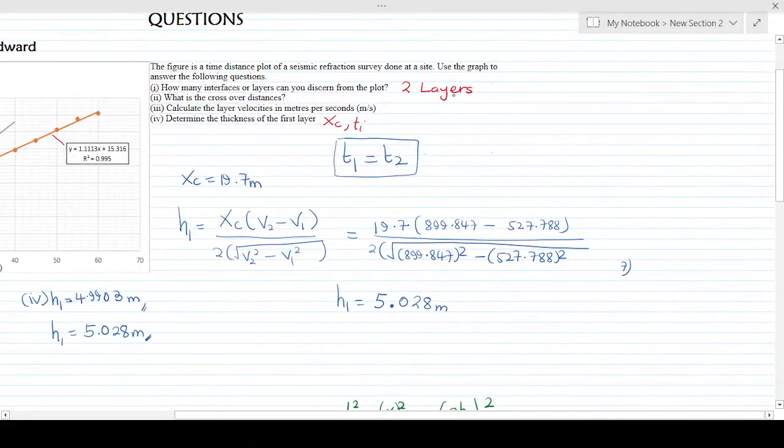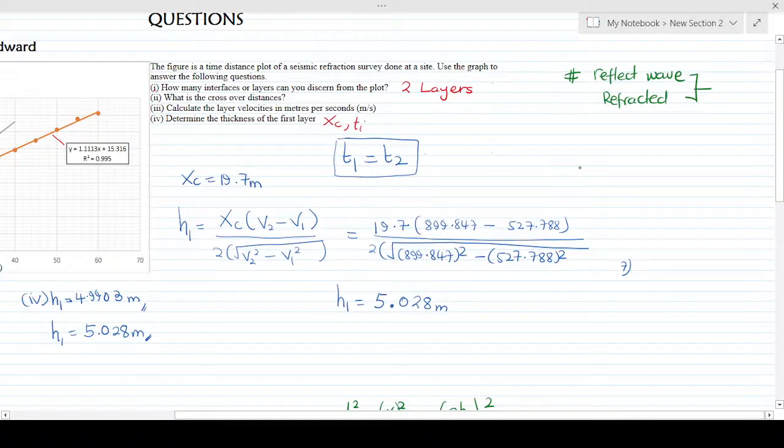Remember, for instance, if we want to distinguish when we are in the field between the reflected wave and the refracted wave, what are we going to do?